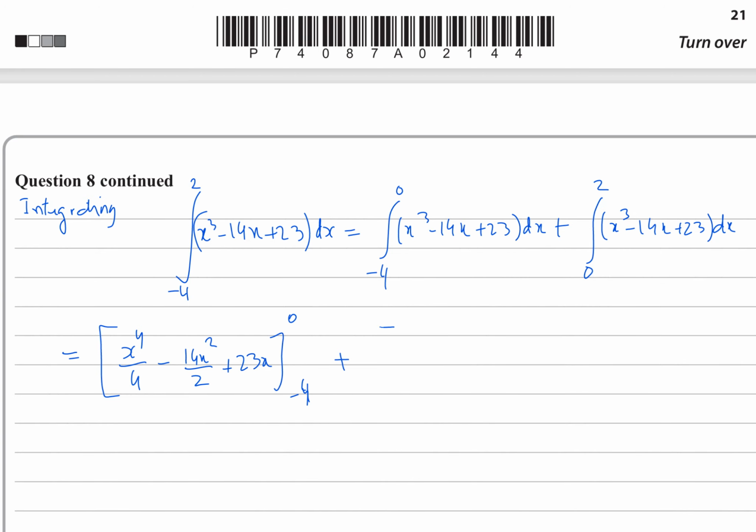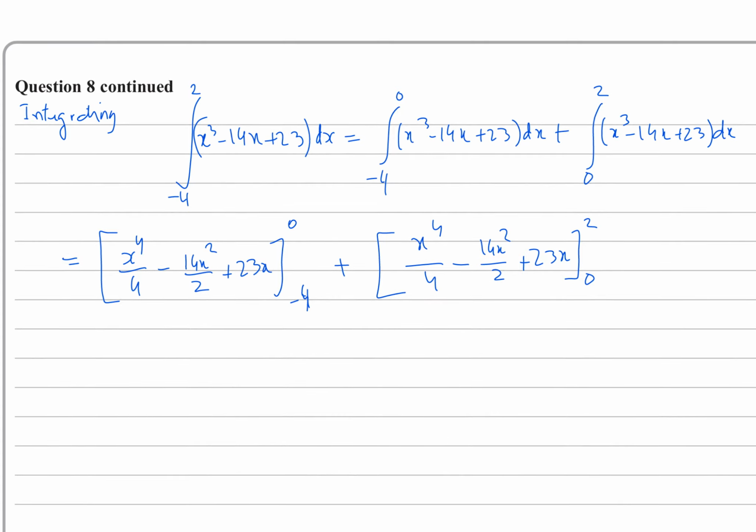and plus the same thing, x to the power 4 over 4 minus 14x squared over 2 plus 23x, from 0 to 2. So the first bit is 0 minus, minus 4 to the power 4 over 4 minus 7 times minus 4 squared plus 23 times minus 4.